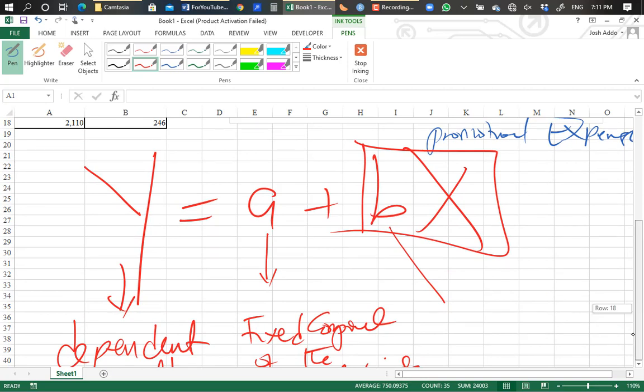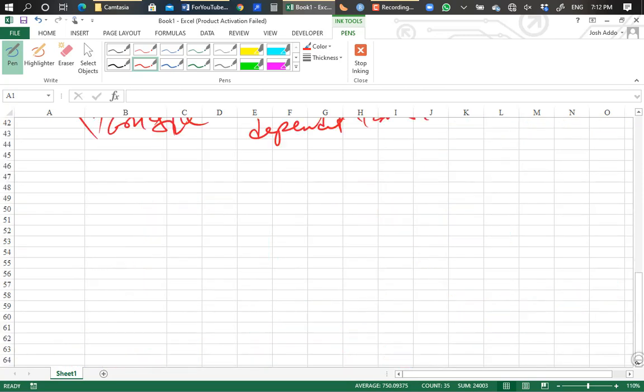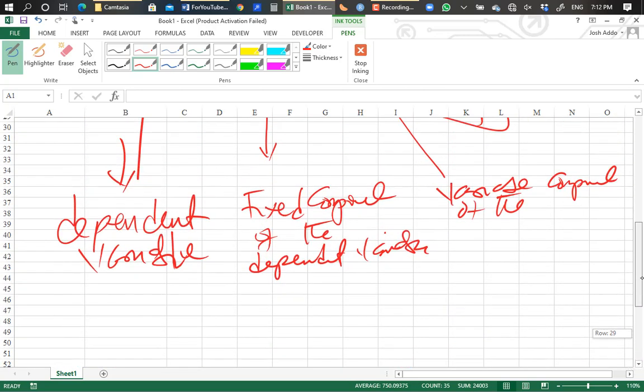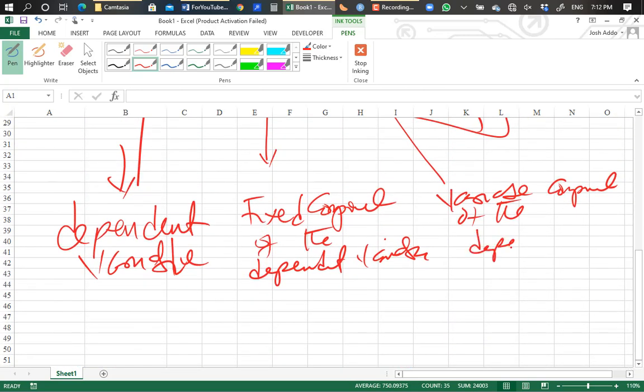This bx is the variable component of the dependent variable. Sorry for my handwriting.